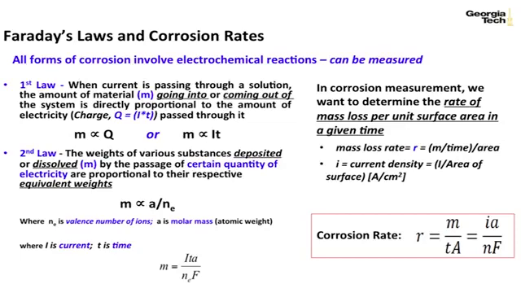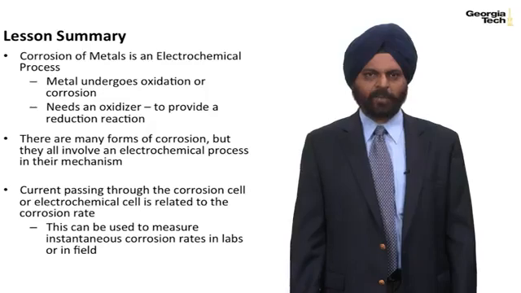So you can take Faraday's equation and divide it by area and time. Then you can rewrite the equation where corrosion rate depends upon small i, which is current density, current divided by area, and thereby you can determine corrosion rate by just measuring the current which is passing through a given electrochemical cell in a given time.